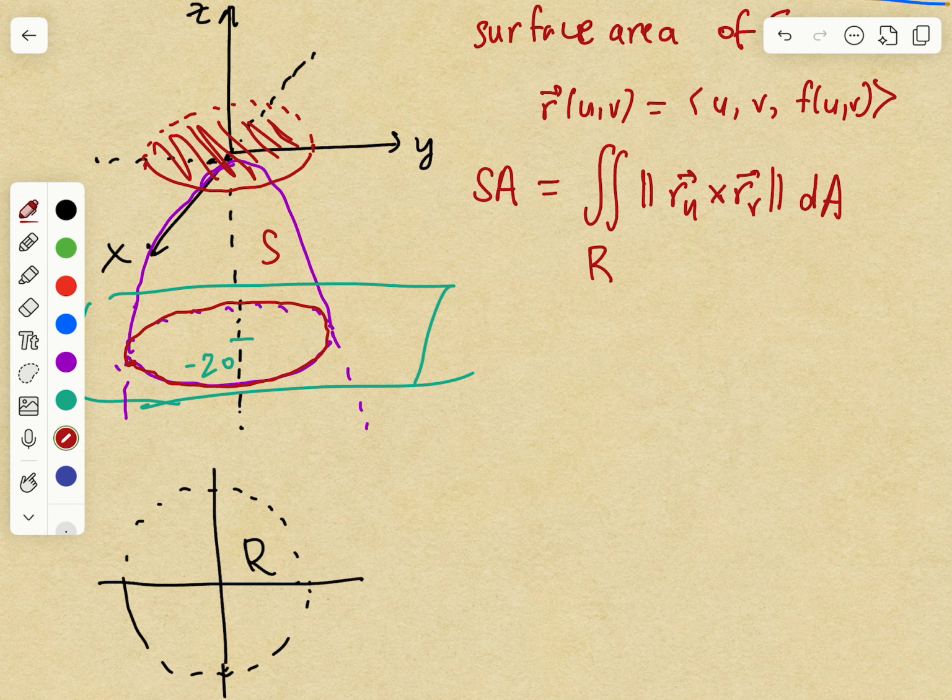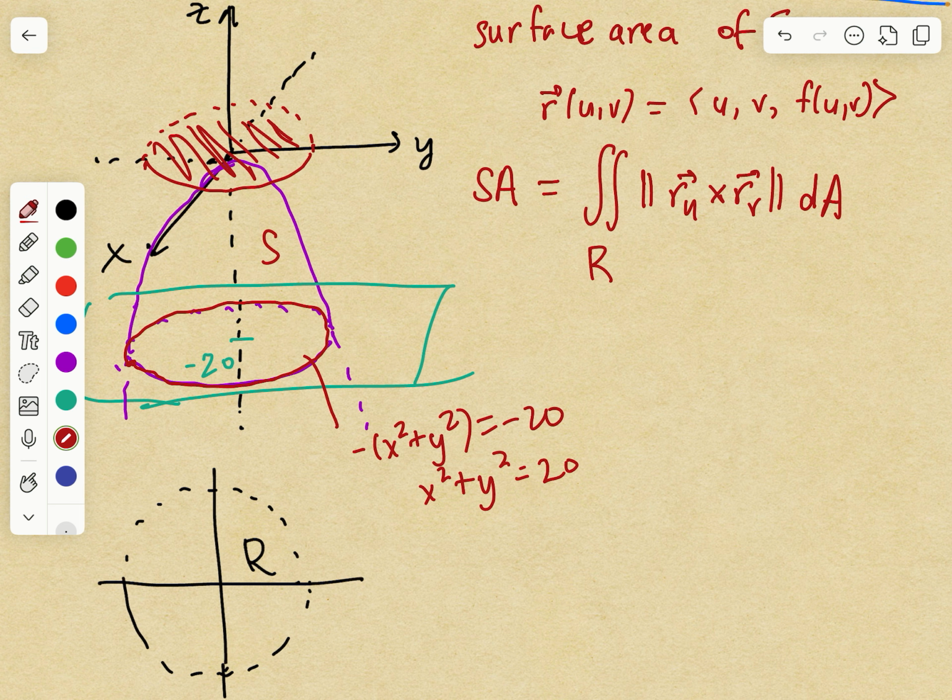So to figure out what the radius is, well, this is the intersection of the plane z equals negative 20 with this paraboloid. So that's when negative x squared minus y squared is equal to negative 20. That's the same as x squared plus y squared equals 20. So what's the radius of this circle? It's the square root of 20, right?